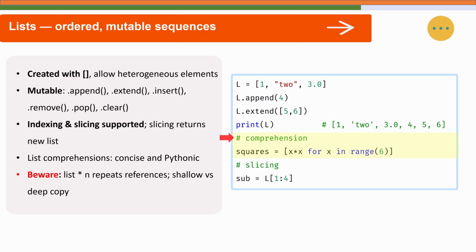So this expression inside the square brackets, as you are seeing on the screen, iterates elements from 0 to 5 and computes the squares, returning a new list with 6 values. Comprehensions can include conditions like this for evens. For copying, use list.copy for a shallow copy and the copy.deepcopy function if you need to clone nested mutables.